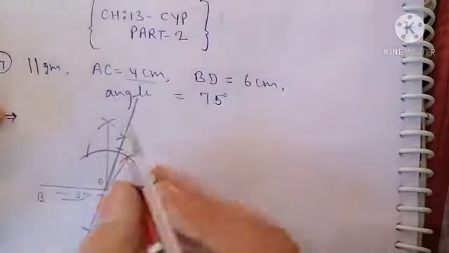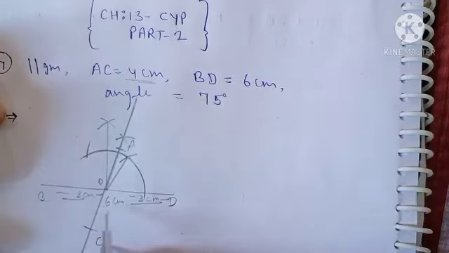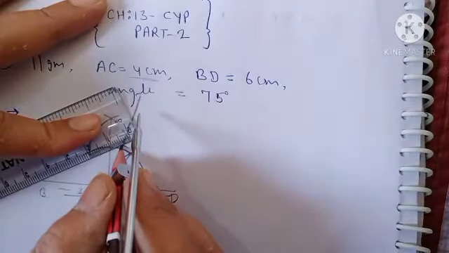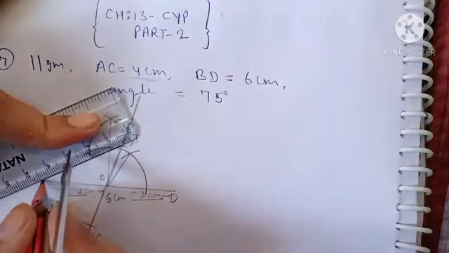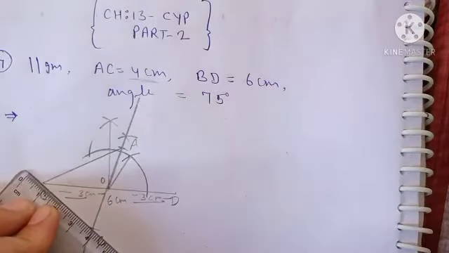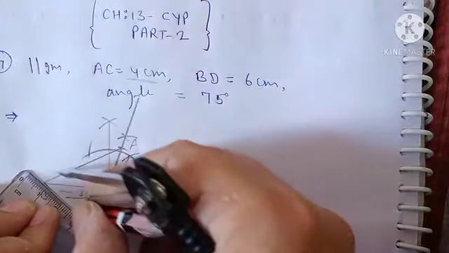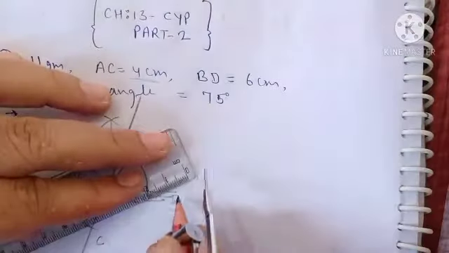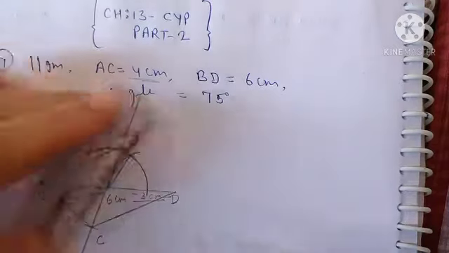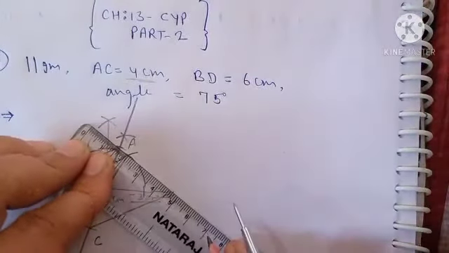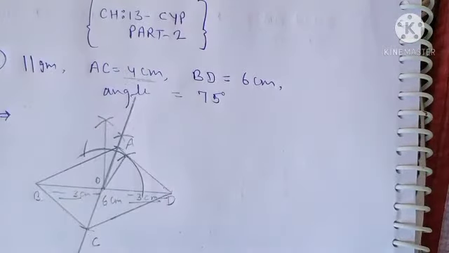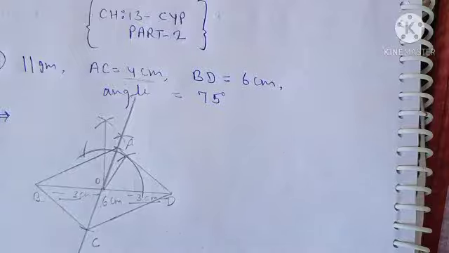Okay, this point is A and this point is C. Now join AB, BC, CD and AD. So this ABCD is the required parallelogram. Now move to question number 8.